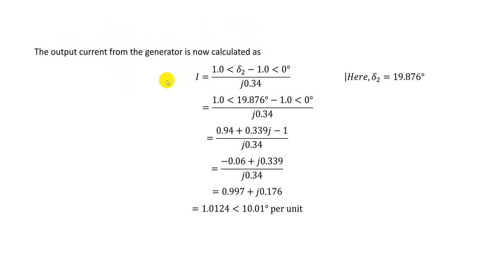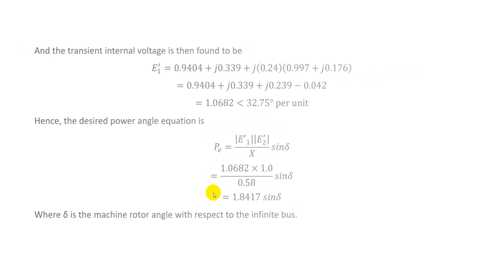If I observe the circuit, obviously I get this equation of current, and here the value of del 2 I got before by calculating 19.876 degree. I have input this value here, and this value is represented in rectangular form here, and by calculating this I get this value.